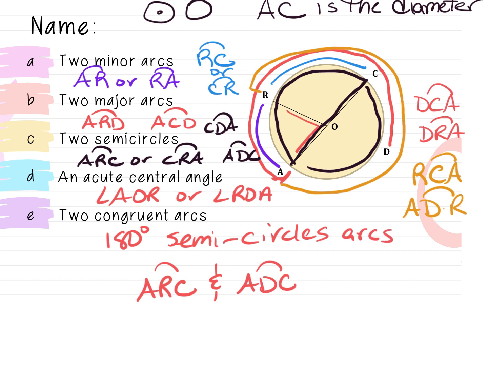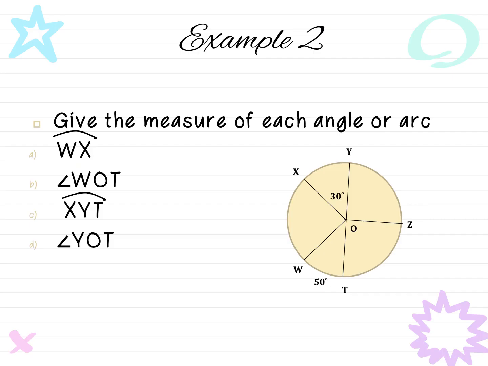One last example. So the last one wants us to give the measure of each angle or arc. So again, this is called circle O. And you're going to be given that YT is the diameter. Now we're also given an arc measure and an angle measure here.